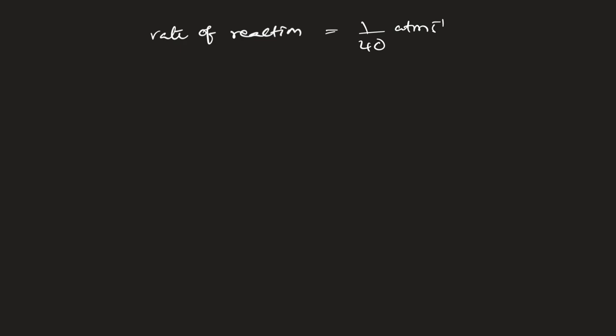This can be represented as minus dPA by dt divided by 2, which equals plus dPB by 3 dt.